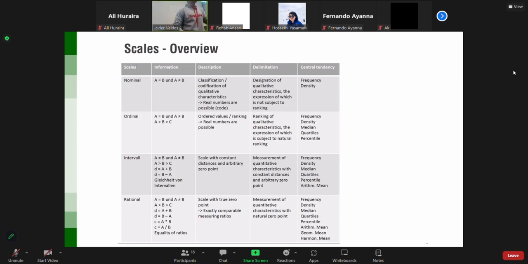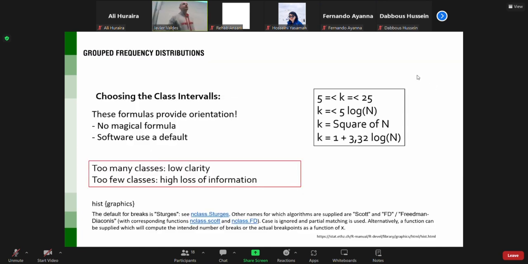And afterwards, I'm going to try to explain to you how to make these interval classes, okay? How to make the intervals. The software is going to be using some kind of defaults. These programs are not generating an image just like this, but they are using some kind of data. What is a histogram?